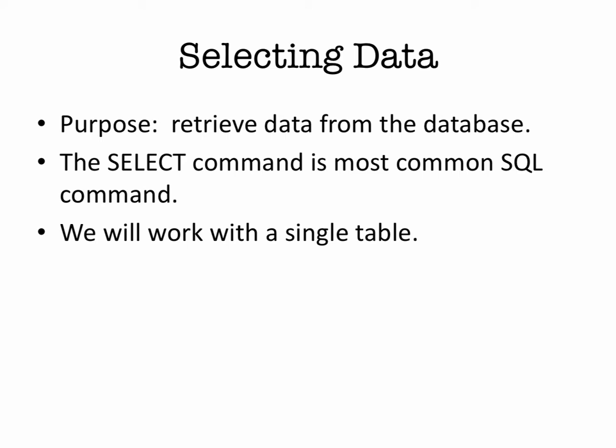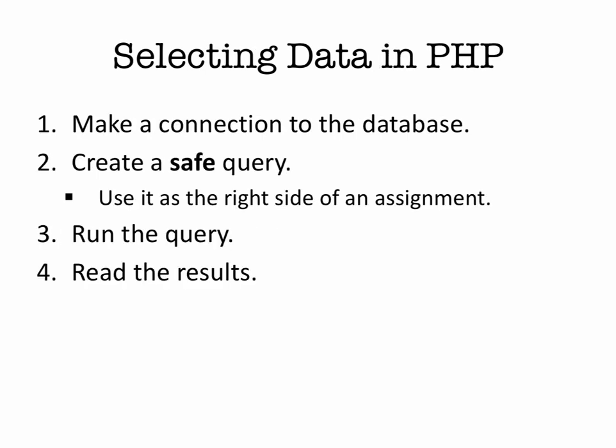As I said, one of the most common things that you do in your SQL database is to select information from a table. So we're going to start with just working with a single table to make a request for information and then get that back on our screen. To select data in PHP, you first need to connect to the database.